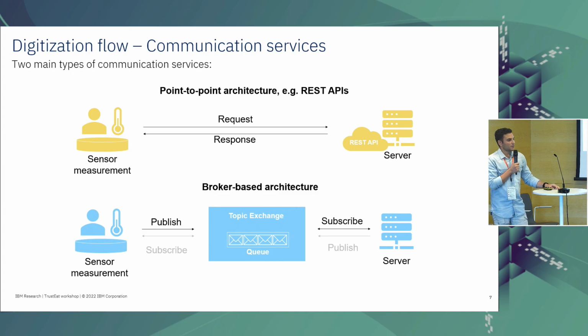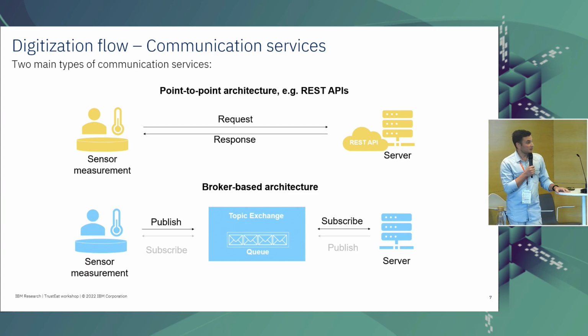Whenever it's possible for the sensor, so imagine a remote sensing application in which connectivity to the server is not possible directly, we can just publish our measurement to the broker. And then when connectivity is possible, we can, with the server, retrieve the information from the topic exchange.